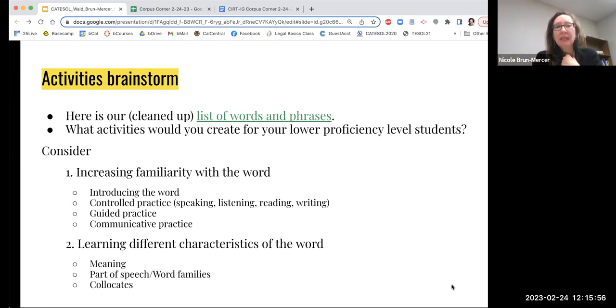Think about meaning, making sure that they understand the meaning, perhaps in different contexts, part of speech, working perhaps on word families, and also on collocates, what collocates are typically attracted to the vocabulary word. Those are some things to keep in mind.